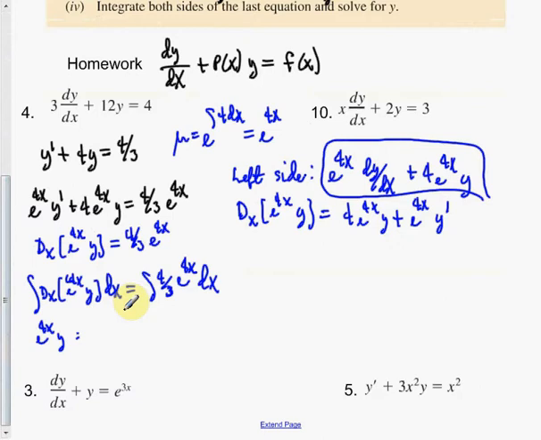The integral of e to the 4x is 1 over 4 times e to the 4x times 4 over 3. So this is 4 over 3 times 1 over 4 times e to the 4x plus c. Divide through by e to the 4x, and so I have left just y. This implies y is equal to, well, 4 over 3 times 1 over 4 is just 1/3. Dividing through by e to the 4x, I have left 1/3 plus c times e to the negative 4x.